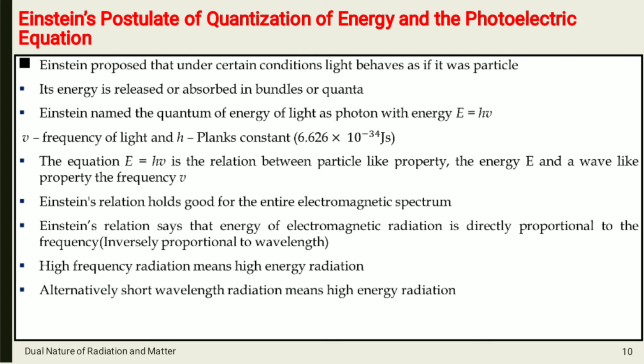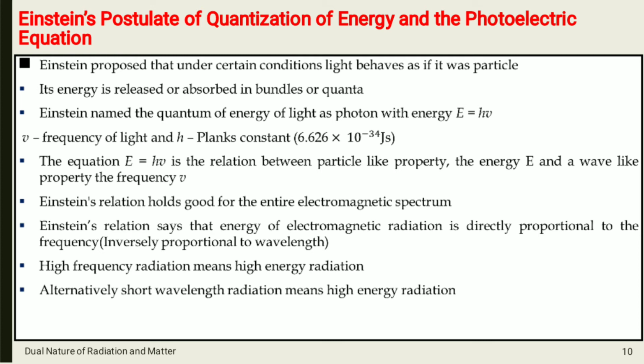Einstein's relation says that energy of electromagnetic radiation is directly proportional to frequency, as you can see in the equation E is equal to h nu. What is h? Planck's constant is a constant. So instead of the equal to sign we can write proportionality. So E is directly proportional to nu, that is, energy of photon is directly proportional to frequency and inversely proportional to wavelength.